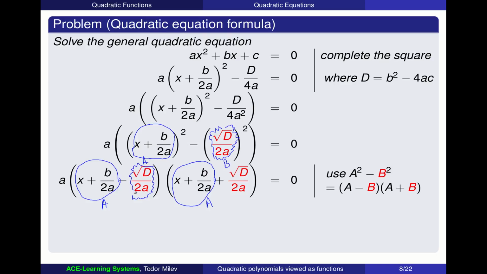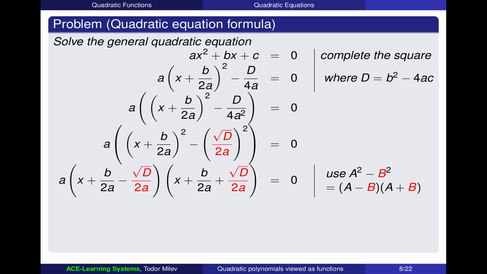So that is my b here. And this was my a. There we go. So you can see a squared minus b squared is equal to a minus b times a plus b. So we're now in a very good shape. We have successfully factored our quadratic.